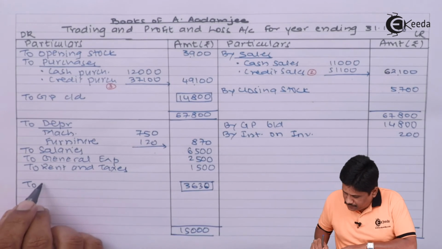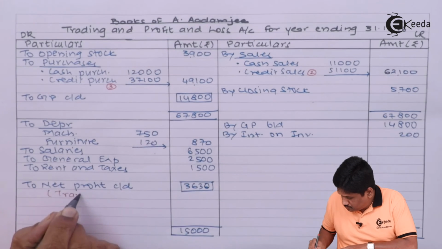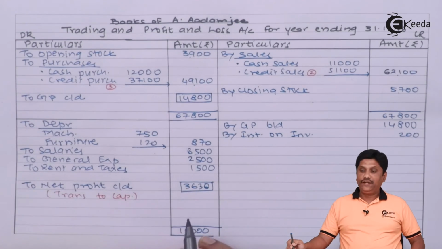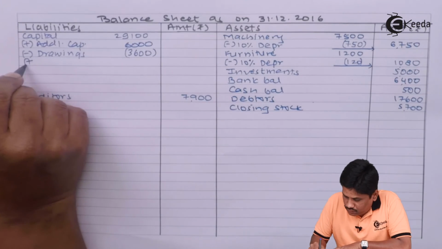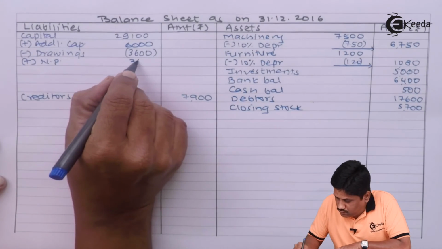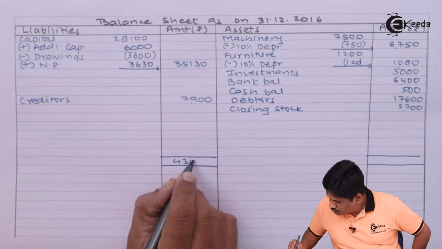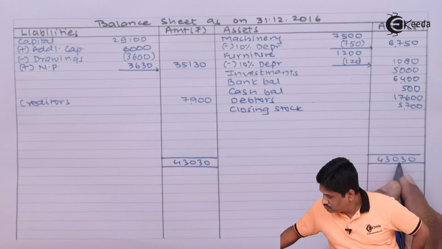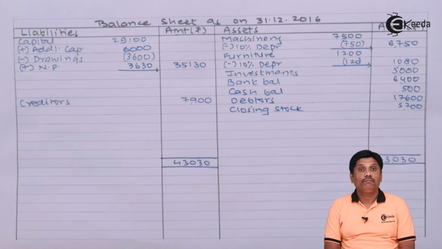To net profit, this net profit I will add to the capital. So in this way we have completed our balance sheet also.